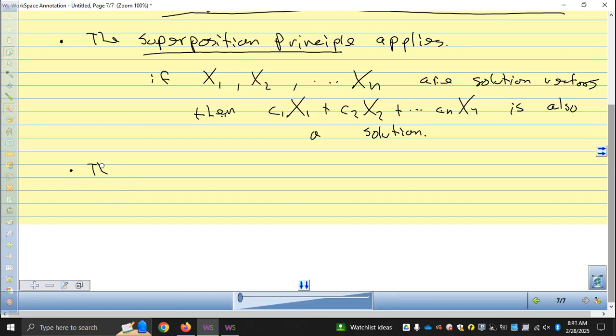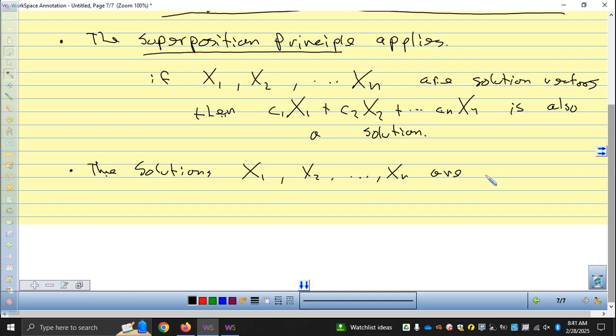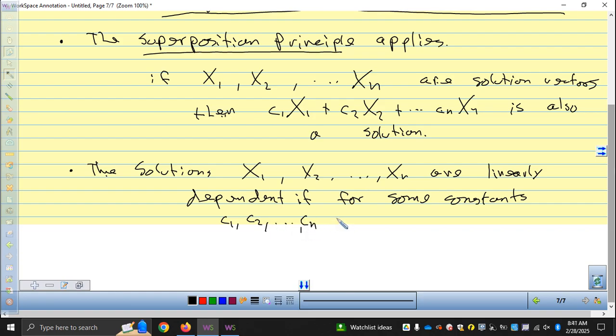We have the idea of linear independence. So these are linearly dependent if for some constants C1, C2, Cn, not all 0, C1 x1 plus C2 x2 plus dot dot dot Cn xn equals 0.